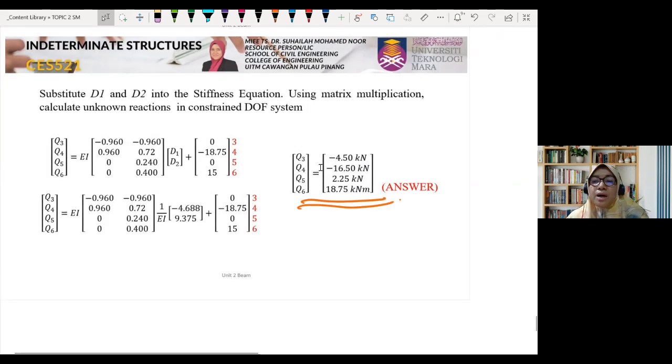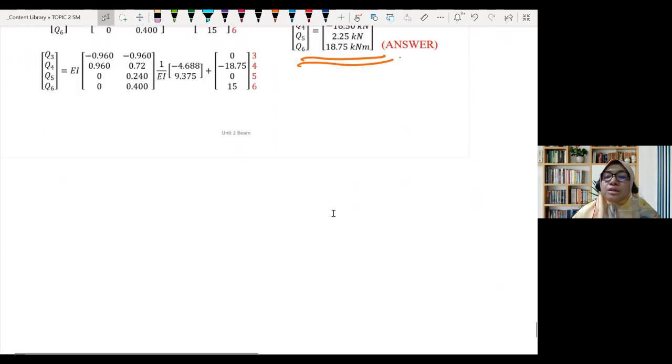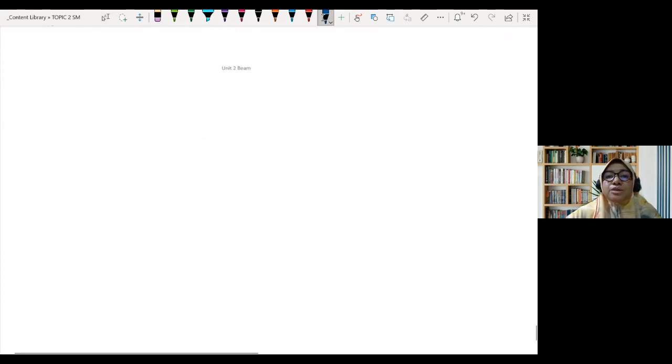So I hope that everyone understands the flow, the procedure, the concept of beam analysis using the stiffness method. Actually, when we have the reactions at the support, we can put them back into the beam. Pin here, pin here.